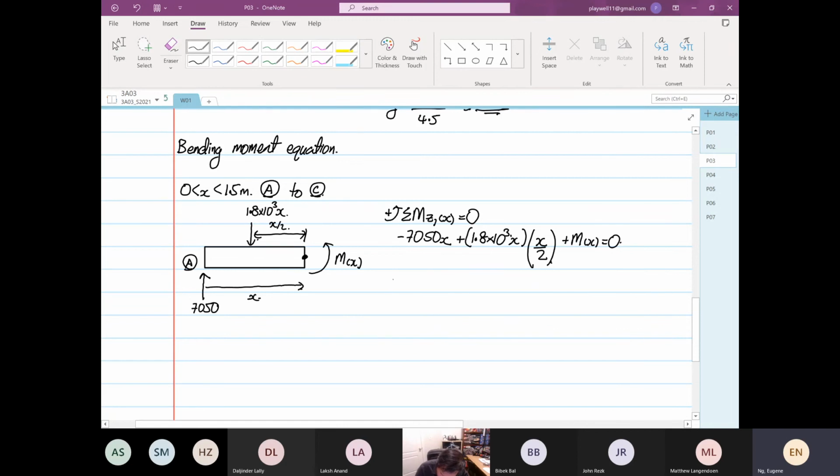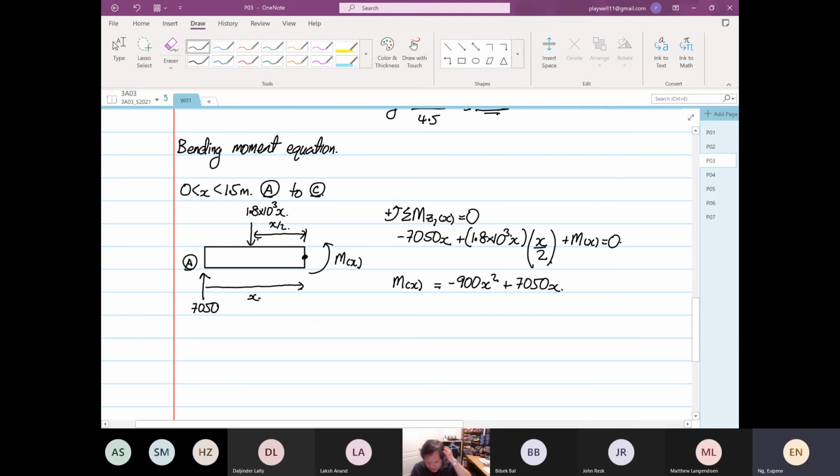So we can have M as a function of x equal to minus 0.9 x squared, I'm bringing it over, right? 0.9 times 10 to the power 3, or I write this as 900, so minus 900 x squared, and then plus 7050 x.